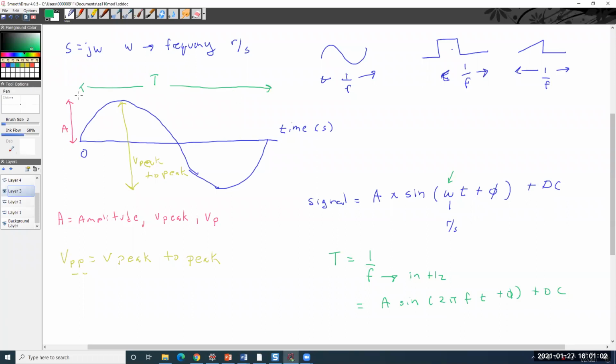Now, if the frequency equaled 1 radian per second, then this would be 2 pi in seconds. This would be pi. We have pi divided by 2.